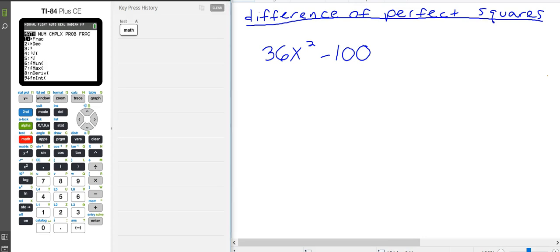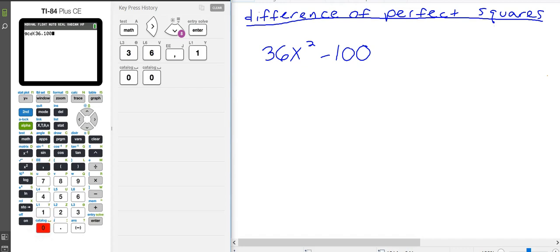Math, scroll over to NUM, down to number 9, enter, 36, comma, 100. Even though it's a negative 100, for this GCD function on the calculator, we're not allowed to use negatives. So we just have to remember that it's a negative 100, and we're going to plug in a positive 100. And there's a 4. There's a GCF of 4. So let's factor out the 4.